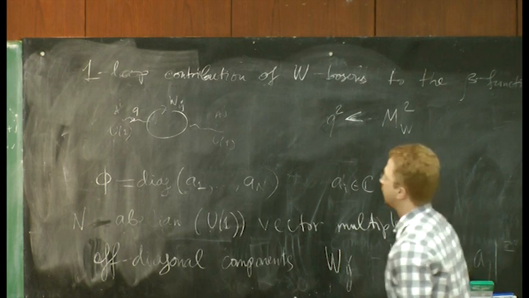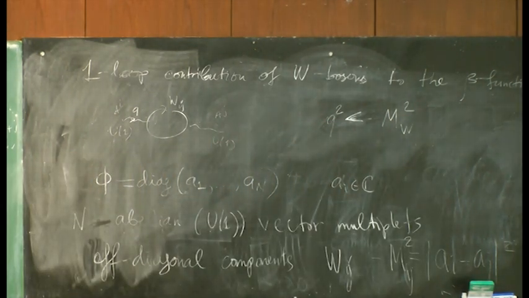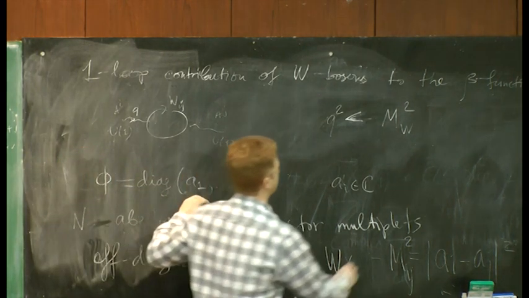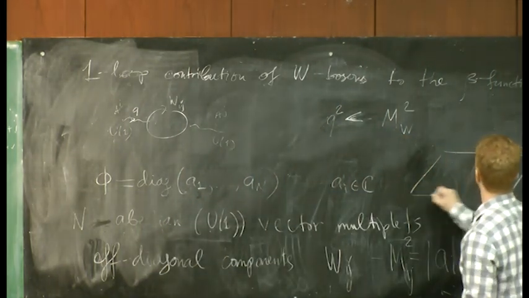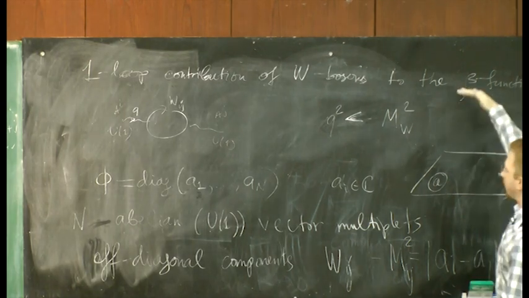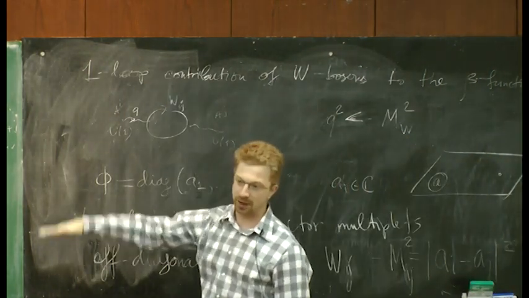The point is that when you're sitting at different points in this moduli space of vacua, in the ultraviolet we all start with the same coupling, and then we start running the RG flow.